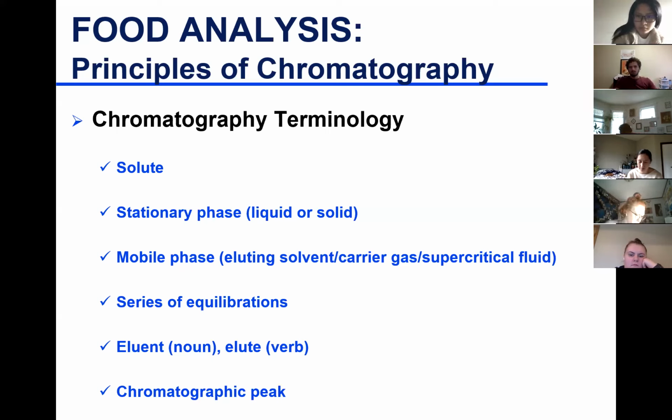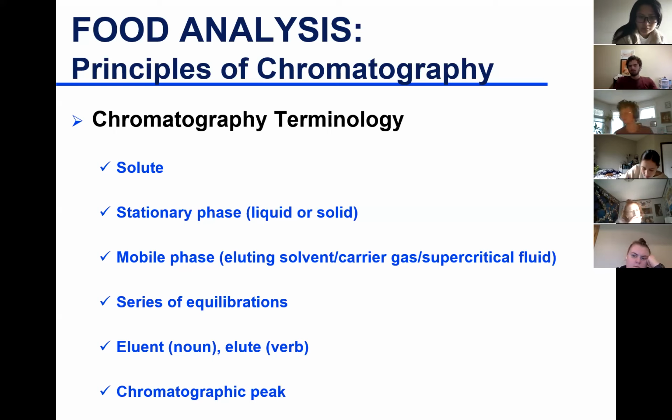What you want to understand here is that as your solute or component goes through your chromatography, it is separating between the stationary phase and the mobile phase, and then an equilibrium is reached. And this process continues throughout. There will be a series of equilibria happening until that solute leaves the column.